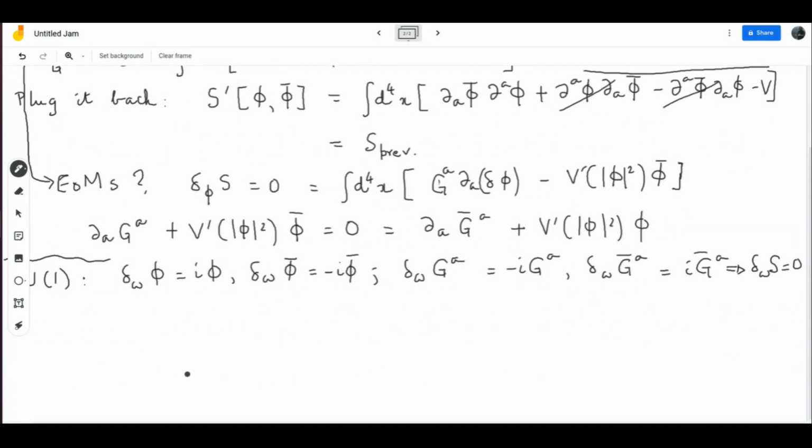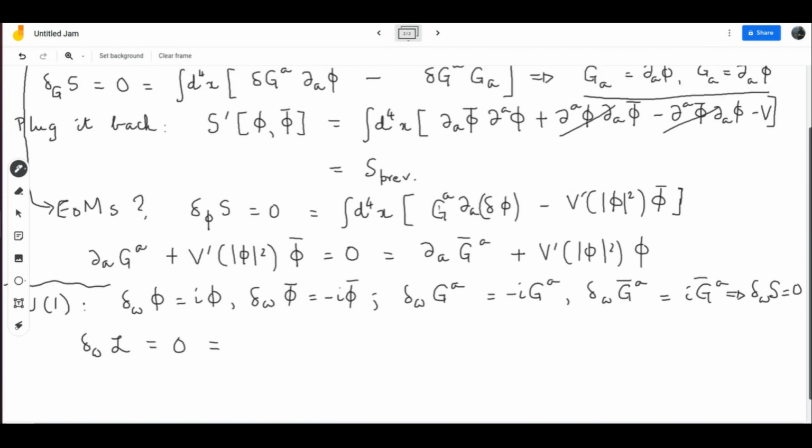Now, having done that, of course, it is clear that the Lagrange density also doesn't change under the omega transformation, U1 transformation. But then we can do variation directly. So let us do the variation directly of this action. So we are now dealing with the first action.